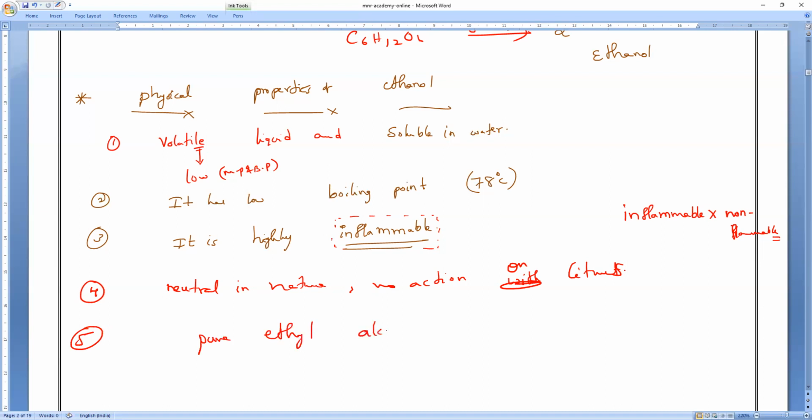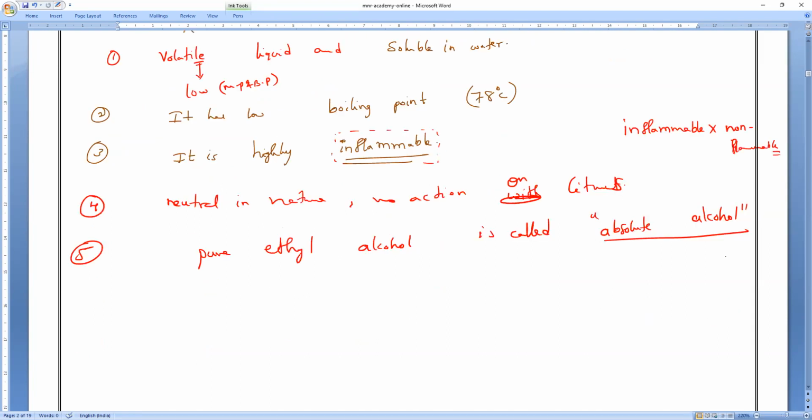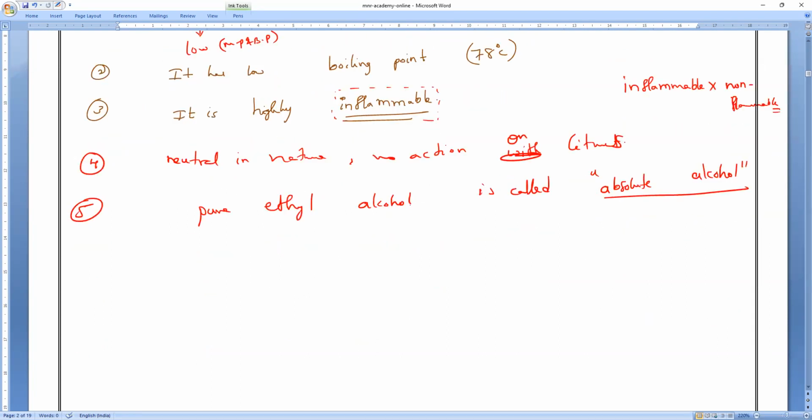This is very important. Pure ethyl alcohol is called absolute alcohol. If anybody drinks absolute alcohol, they will die. Nobody is supposed to have absolute alcohol; we use it only for industrial purposes. So pure ethyl alcohol we call absolute alcohol.